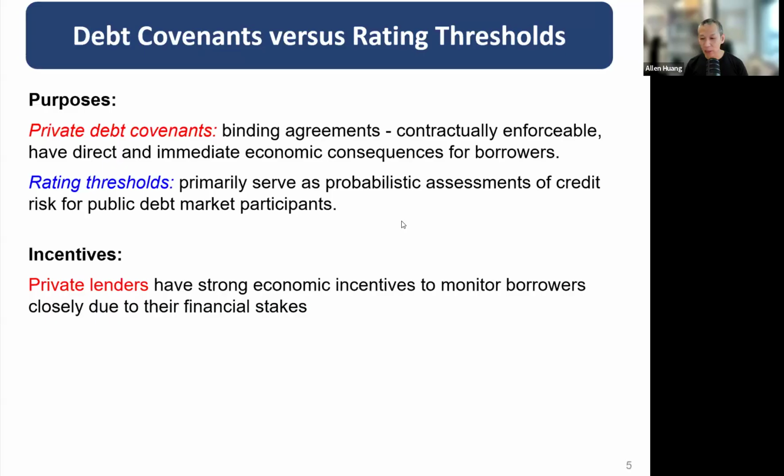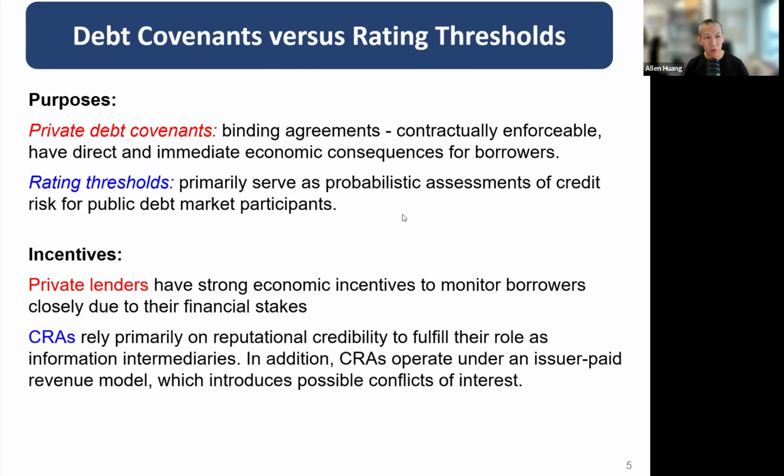Now, in terms of incentives, private lenders have very strong economic incentives because it's their money on the line. They put their own financial stake in the companies, so they want to monitor the companies very closely and not lose their own capital. But the issuers of the rating thresholds are credit rating agencies, which don't really invest in the debt themselves.